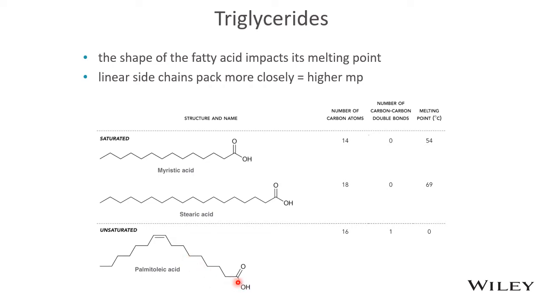So as a result, the melting point of this molecule is 0 degrees Celsius. So that means at room temperature, which is around 25 degrees Celsius, this is actually going to be in a liquid form. It needs to get all the way down to 0 degrees Celsius before this turns into a solid.